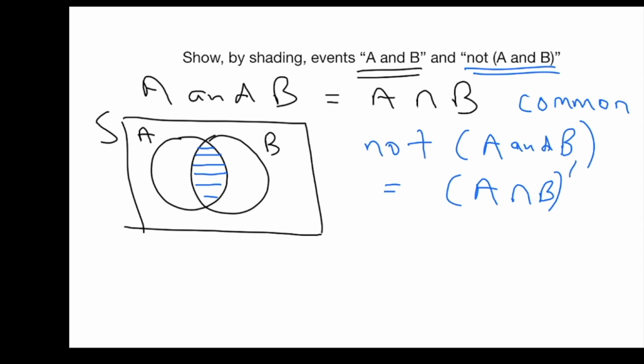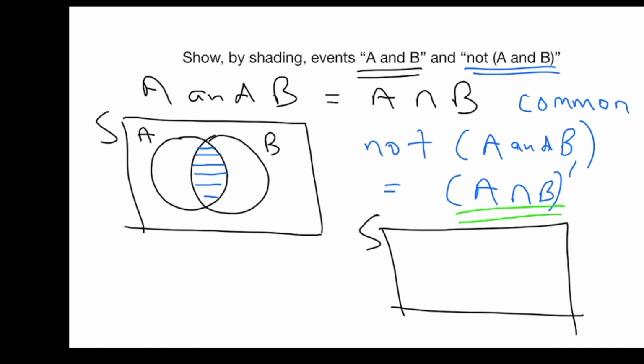Right, so let's represent that region on a Venn diagram. Now you have your sample space, and your A and your B in there. We know A and B is the common region, let's call it number 2 there. That region number 2 is your A and B, but we want not A and B, which means the complement of A and B. So that should be everything else except the 2.